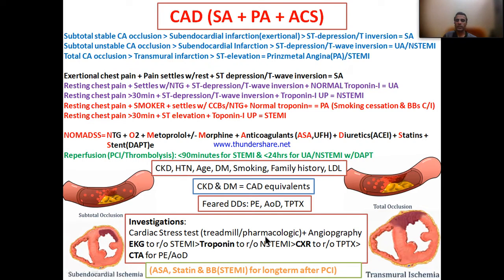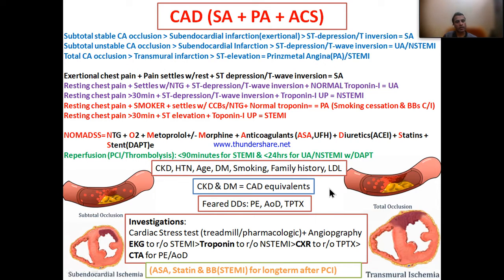So in NSTEMI, obviously you are not in a hurry. What you're going to do is perform the angioplasty, but you can perform it even within 24 hours. It doesn't require emergency angioplasty, okay? And if, for example, the patient is going through chest pain and you do the EKG and it shows ST elevation, and you also run the troponin test and the serum troponin is elevated, then obviously you are dealing with STEMI.